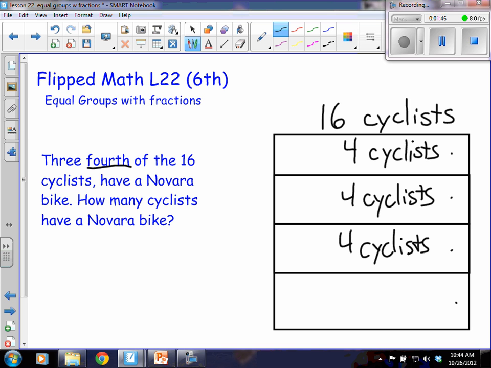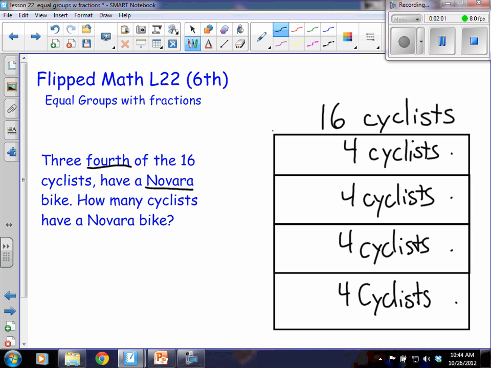Once we've finished with that, next we can plug our information back in from our word problem. Our word problem talks about how some have Novara bikes and some do not.